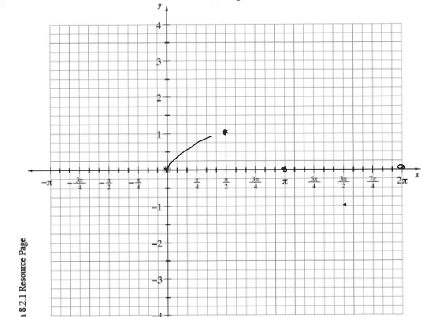So we have one period or cycle of our sine function. And if we went into our negative angles, at negative pi over 2, the sine function is -1, and at negative pi, it's back to 0. So there's our sine function.